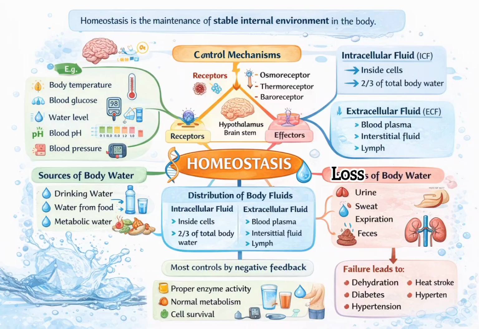Then heat stroke, blood pressure rise, diabetes, hypertension, dehydration may be the causes. So it ensures our stable internal environment, and it plays a key role in maintaining the balance and normal physiological functions. So this much is for today.